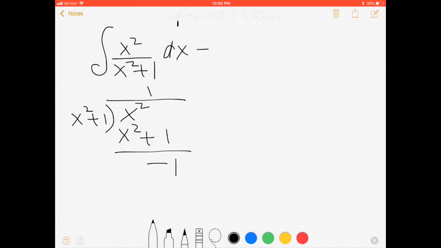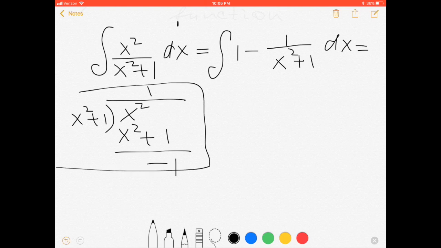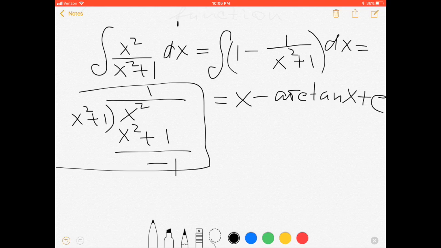This means here we have the integral of 1 minus 1 over x squared plus 1 dx. And now it's no problem anymore. The integral of 1 will be x. The integral of this fraction will be arctan x plus c.